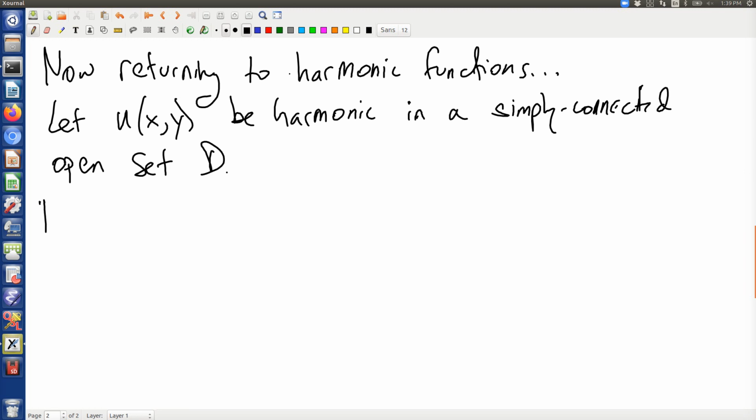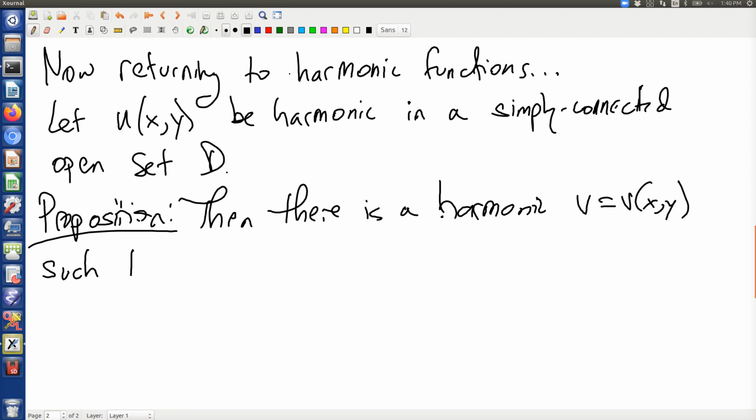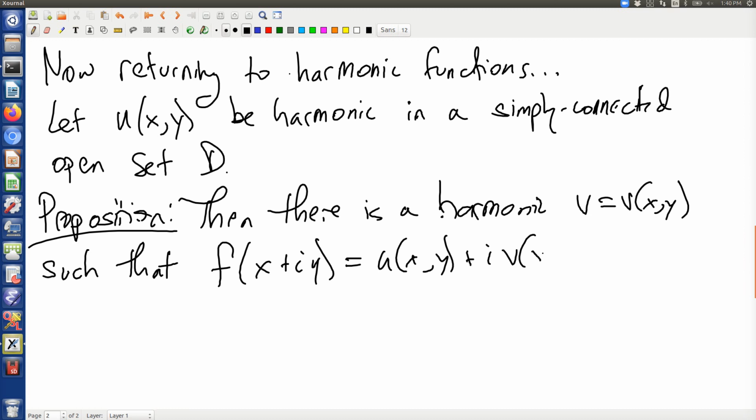So the proposition that we're going to prove by construction here is that there is a harmonic function v, such that these are harmonic conjugates.